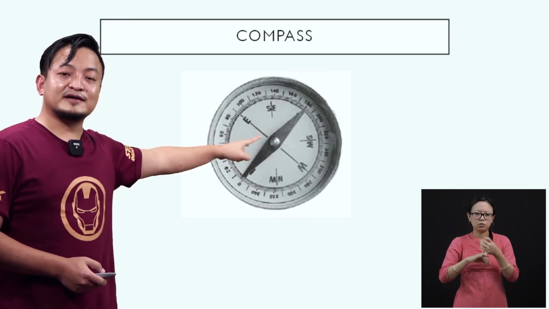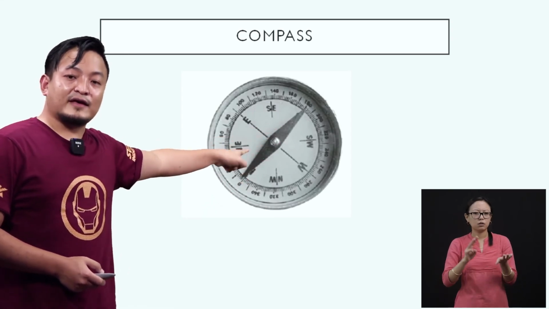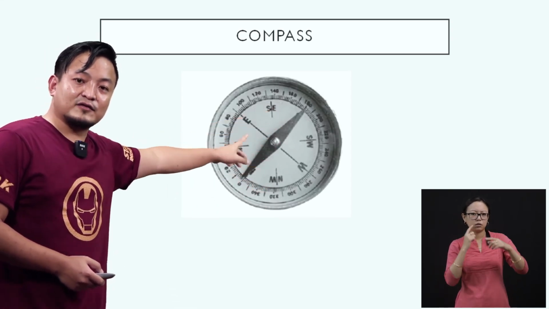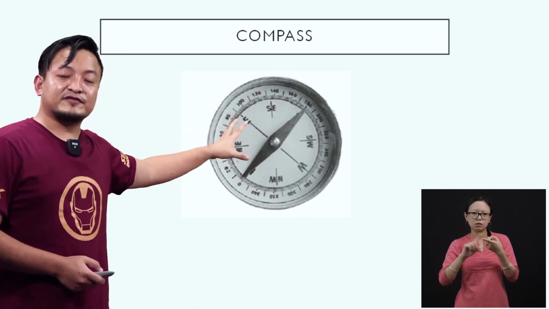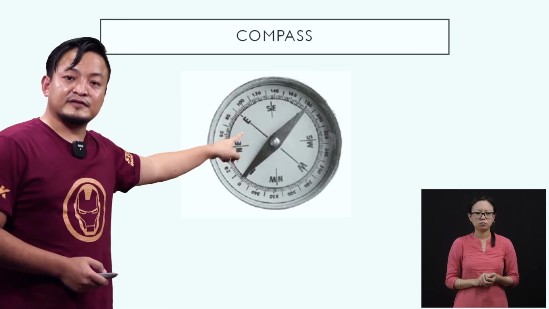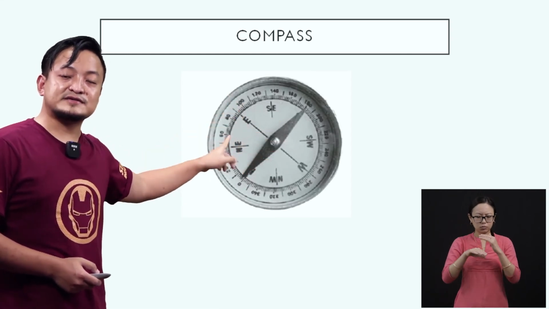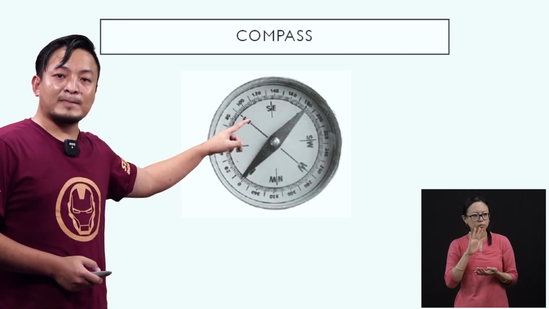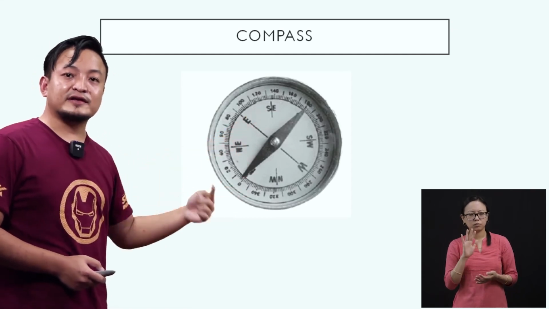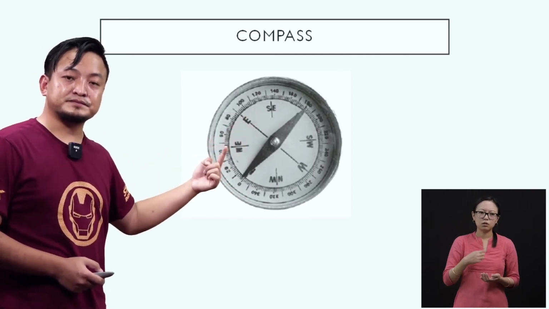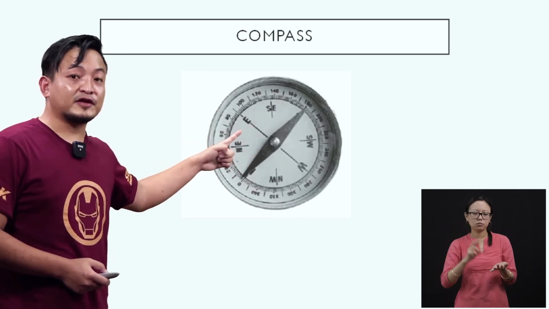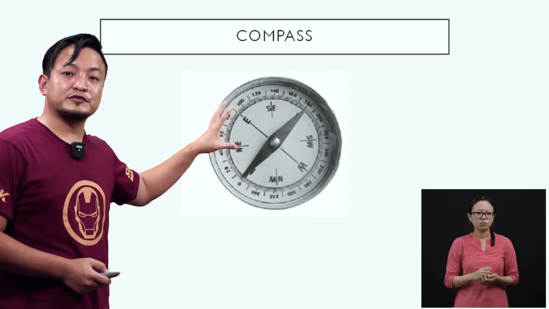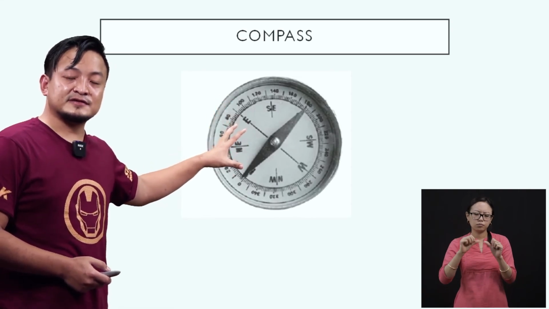And all the marks on the dial give the direction: east, west, south, north. It is designed in such a way that we can rotate it. So with the help of this magnet, we can also find direction. It is covered with glass.